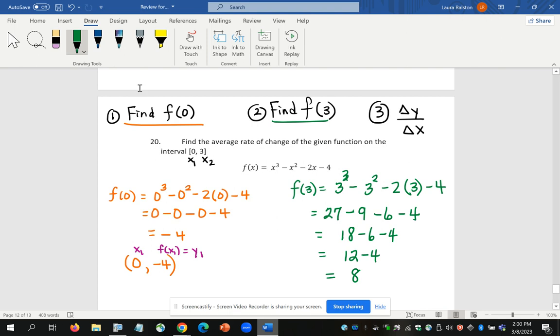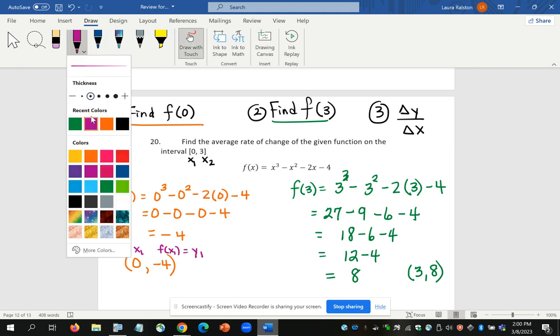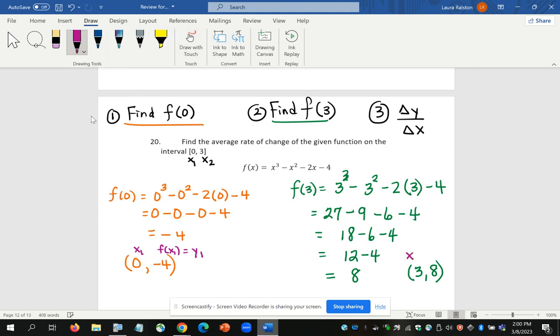So as an ordered pair, I have the ordered pair 3, 8. That gives me x2 and f of x2.